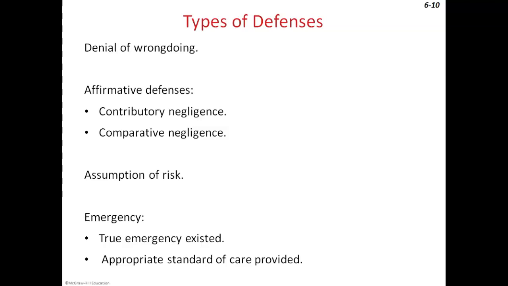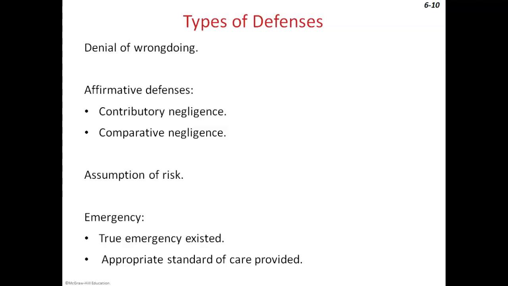In contributory negligence, the physician would be claiming that the patient contributed to their own injury, whether it was a failure to follow post-procedure protocol or taking the appropriate medications. They are going to claim that the patient had an active part in their injury.